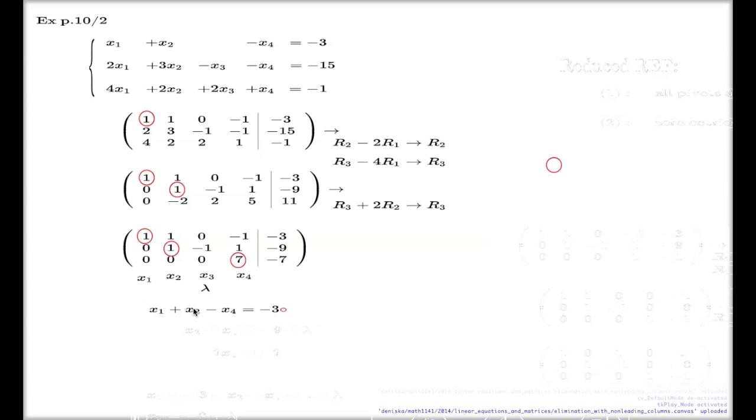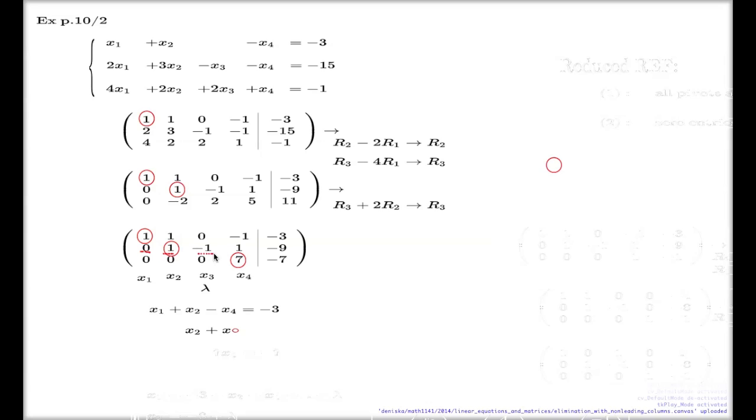Here's the line I will come up with if I use the first row of my row echelon form: x1, x2, no lambda, nothing to go to the right-hand side, negative x4, and negative 3 on the right-hand side. Here's a line which appears based on the second row. Nothing for the x1, 1 for x2.